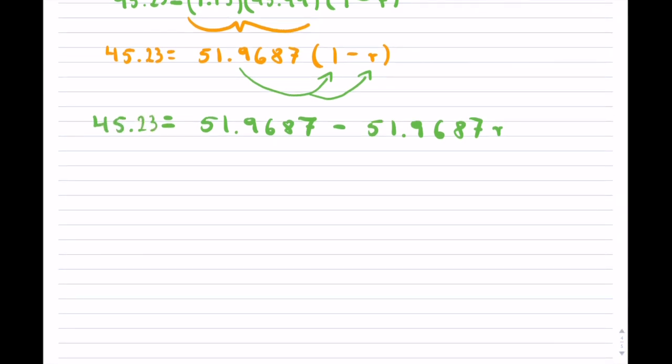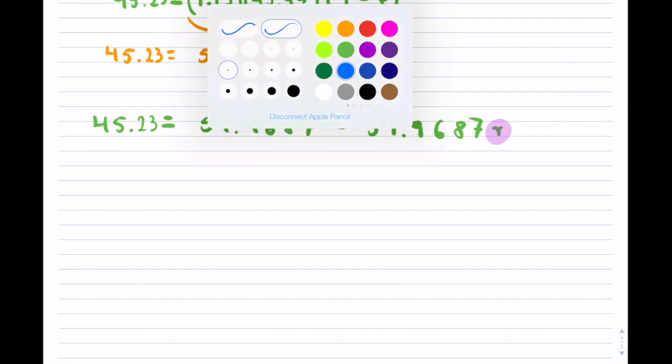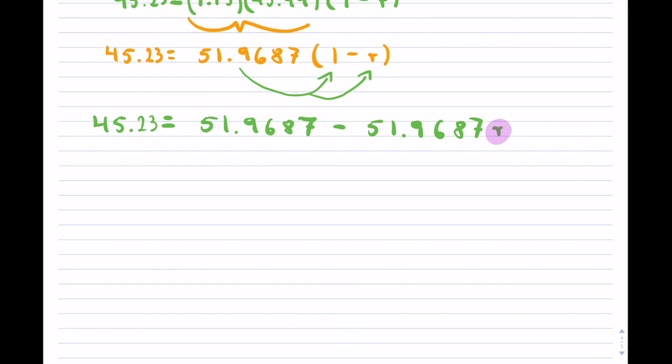Now I have only one term with the R, and then I have my two numbers. Again, remember you have to bring your term to one side and all the numbers to the opposite side. It doesn't matter which side you pick.